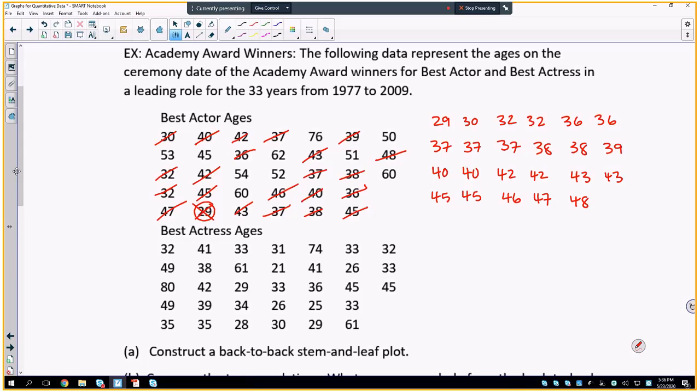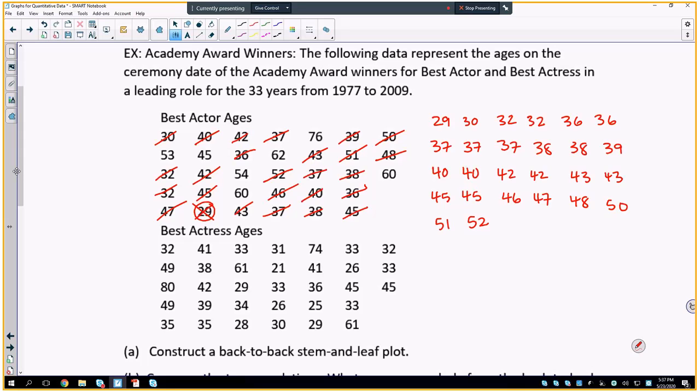All right, then I see 50, 51, and 52. 53 and 54, and here's a 45 I missed.